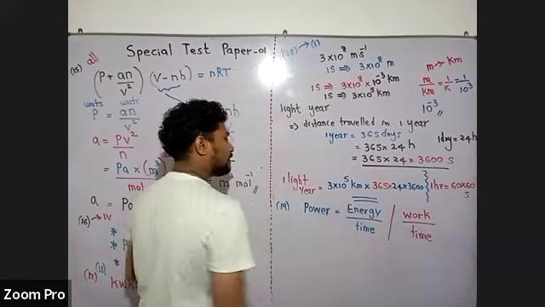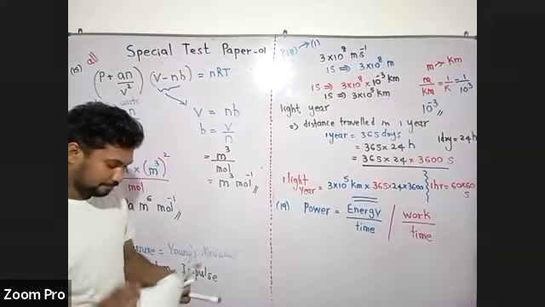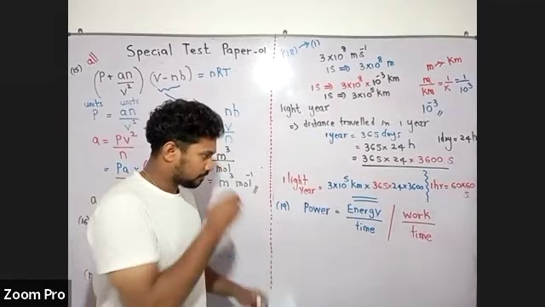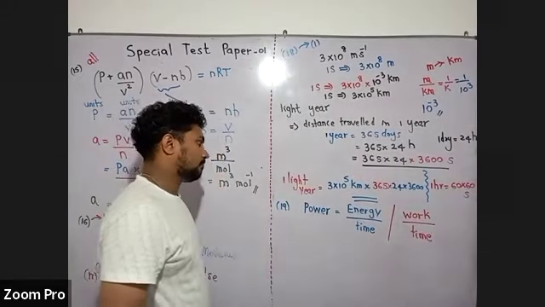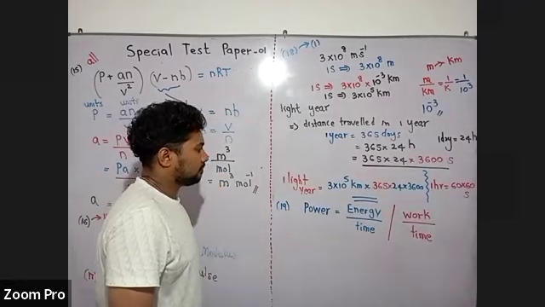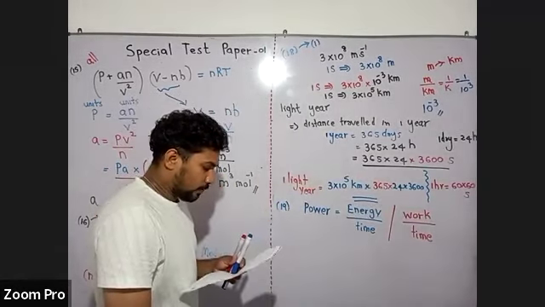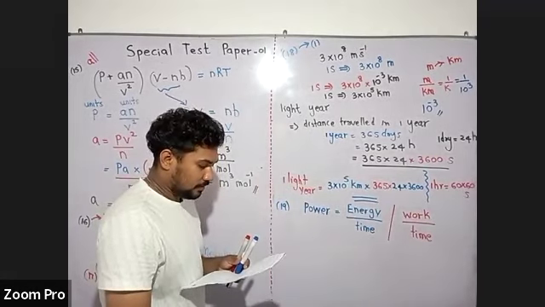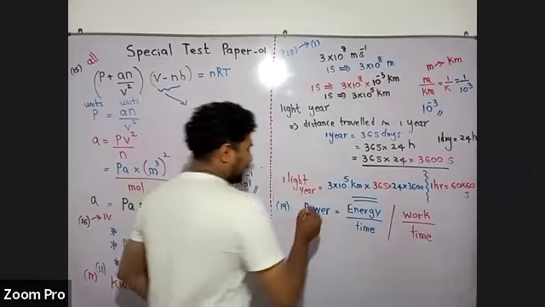Both equations can be accepted to obtain the units of power. Now we have to obtain the units of the given set of units, right? So now, guys, I'm taking this one.